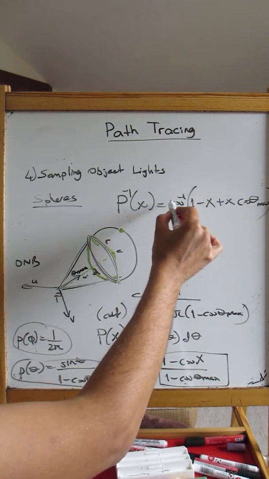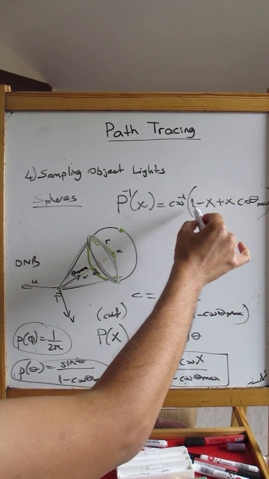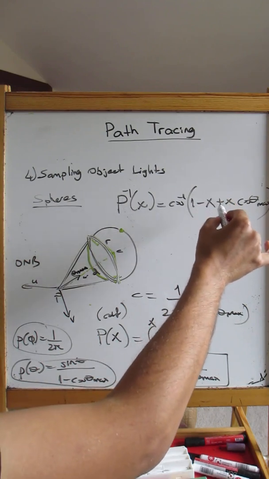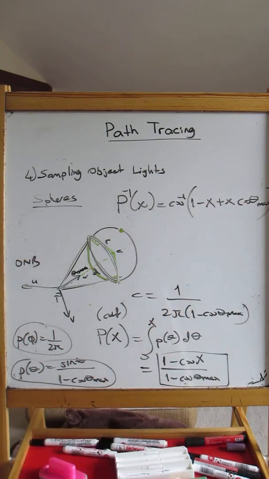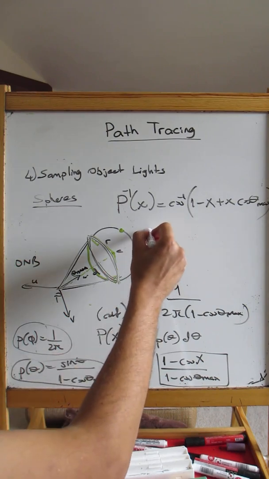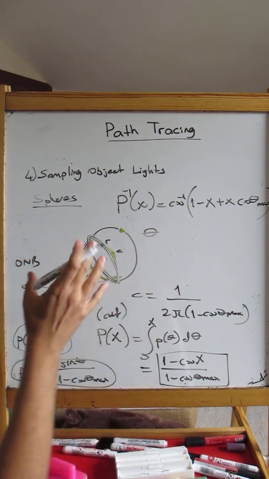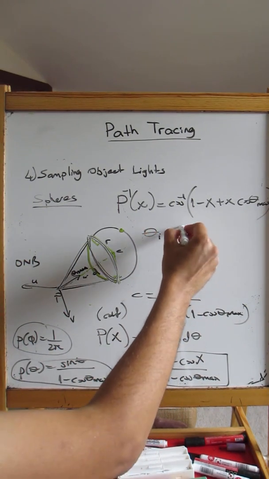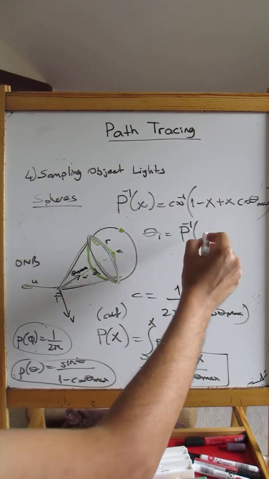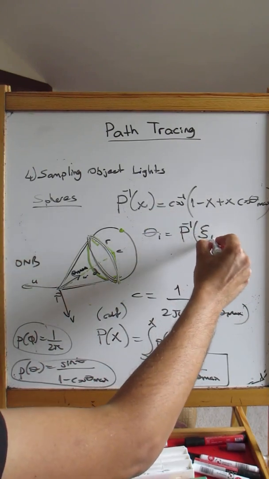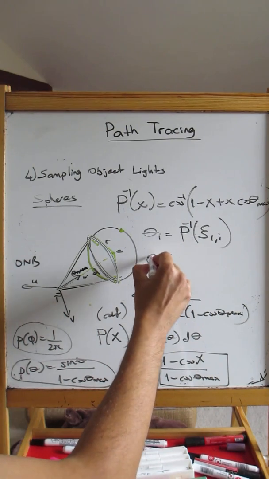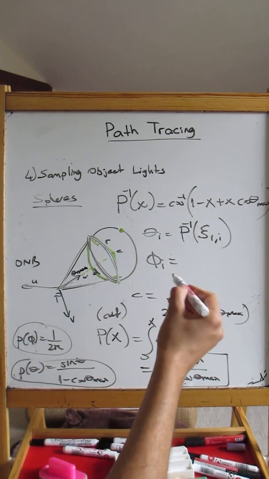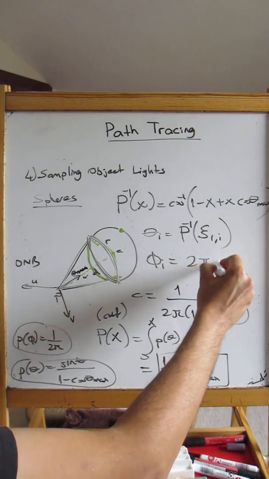Okay, so arccos and in parentheses 1 minus x plus x times cos theta max. Okay, so once we have this, we can compute our theta as follows. So you will be sampling, right? I want my theta i to be the inverse of this, with xi 1 i, and my phi i, I know at this point, is 2 pi xi 2.